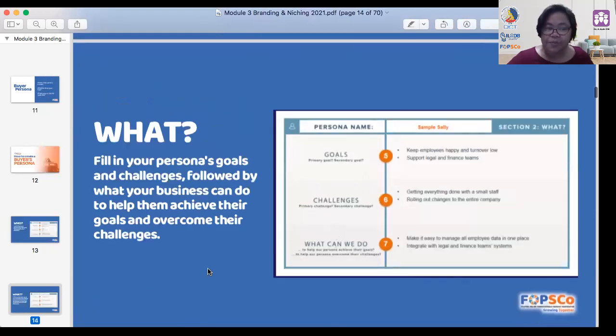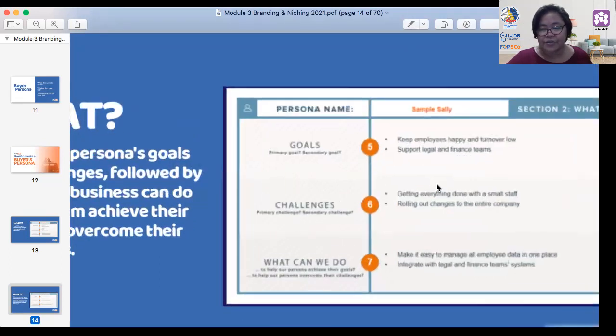And then you fill in your persona's goals and challenges, followed by what your business can do to help them achieve their goals and overcome their challenges. So her goals: given her background, Sally's, you'll answer the question what. Her goals are to keep employees happy and turnover low.